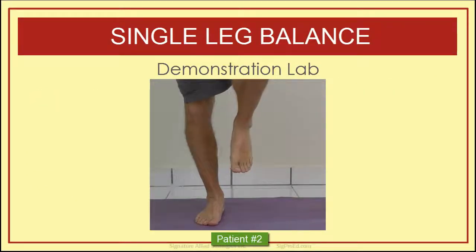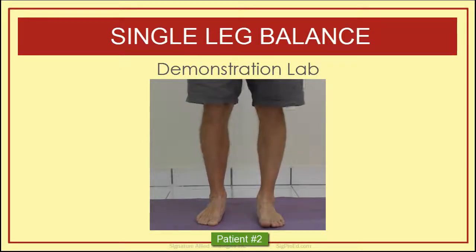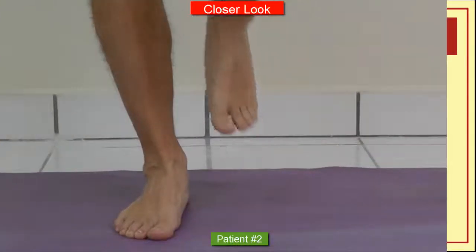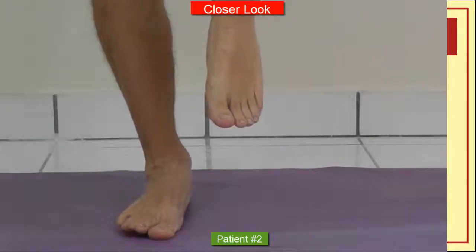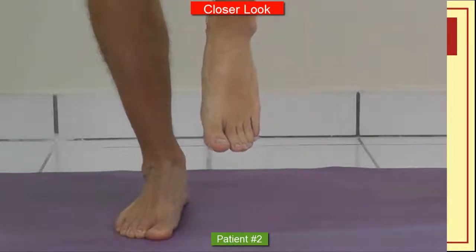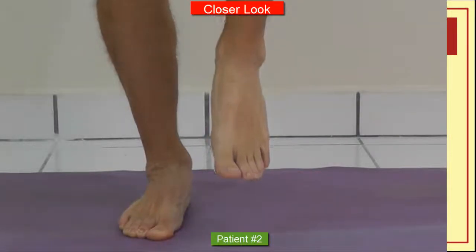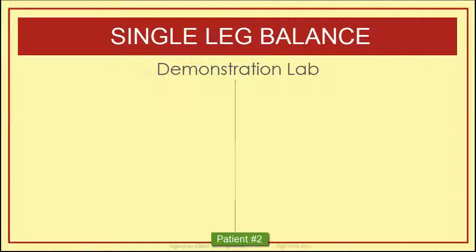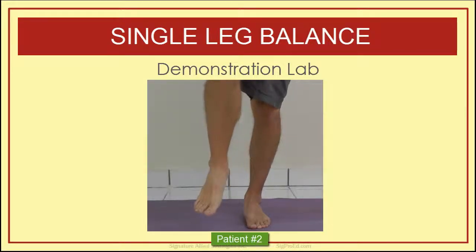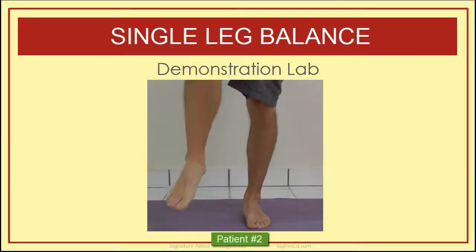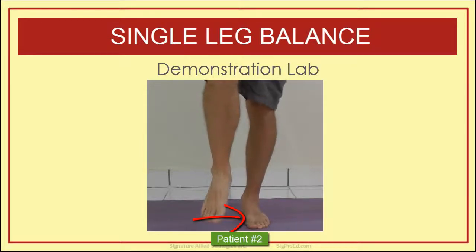On this patient, notice the motion initiating at the subtalar joint. Observing this patient's left foot, you'll notice that the movement is occurring right around that navicular area on the left.